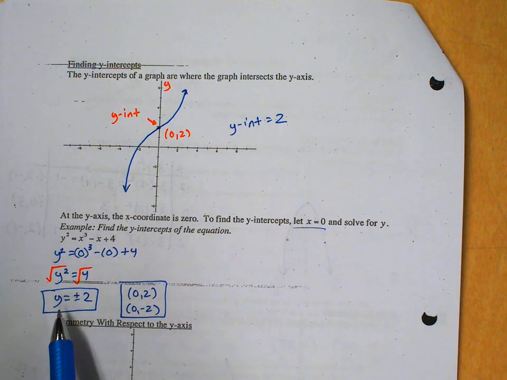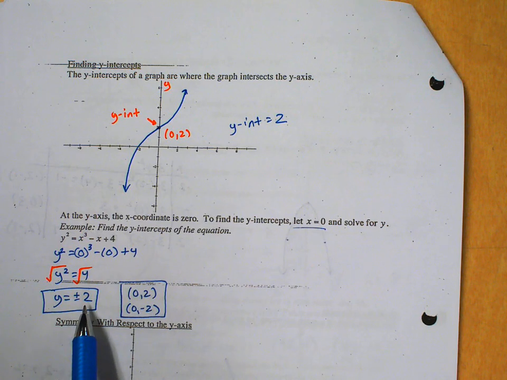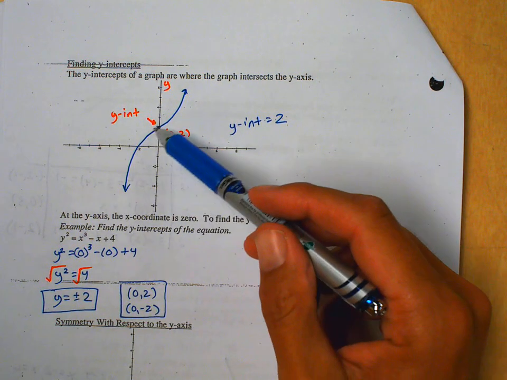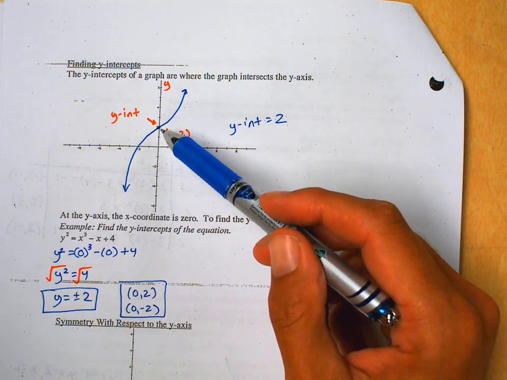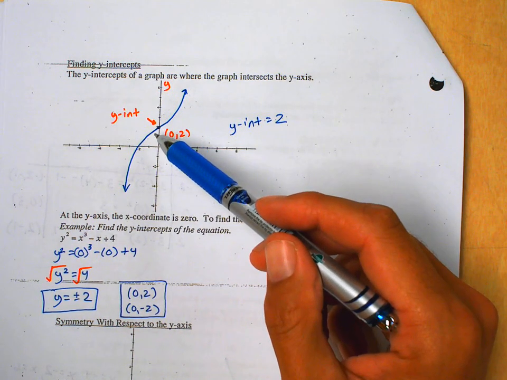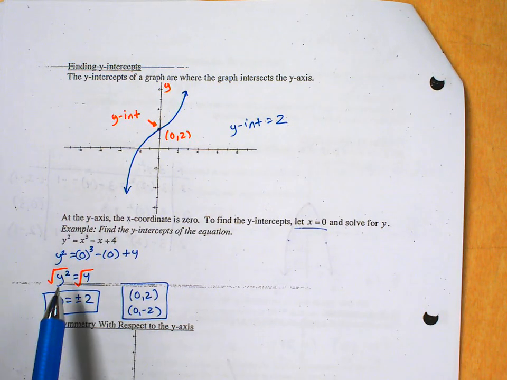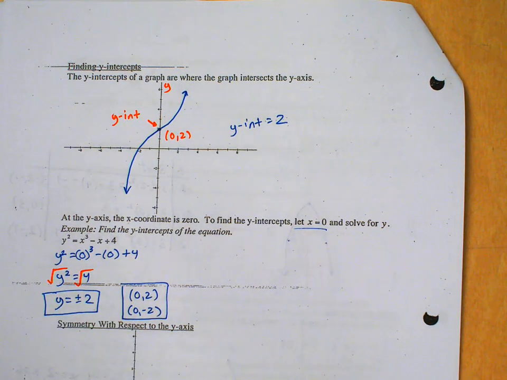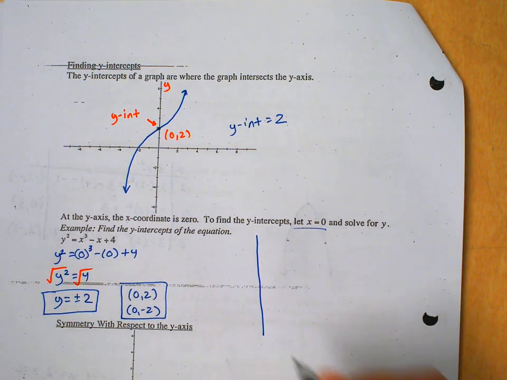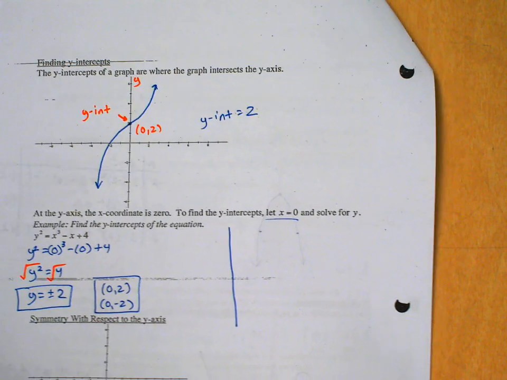Now, how could there be two y-intercepts? Most of the time when we see a function, we only have one y-intercept. This is a cubic right up here. Well, the answer is this is not a function. An example that you might be familiar with, and this is just a new example I'm going to draw over here just to give you a visual representation.